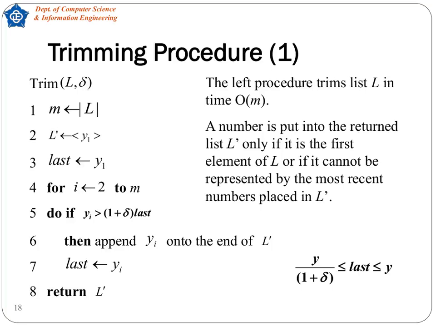Otherwise, we simply skip it. By doing this, every original value y ends up lying between its nearest kept element last and last times 1 plus delta. Yet we throw away any value that can be represented within a factor of 1 plus delta by its predecessor in L'. The result is a neatly trimmed list that still captures the approximate coverage of the original values.